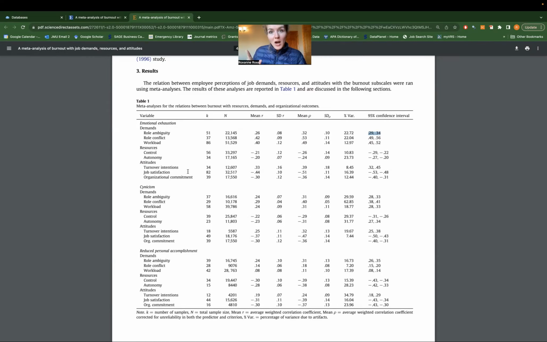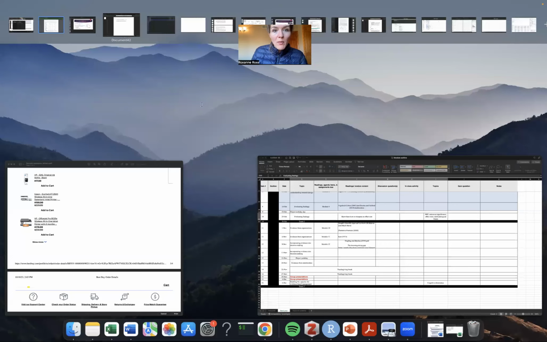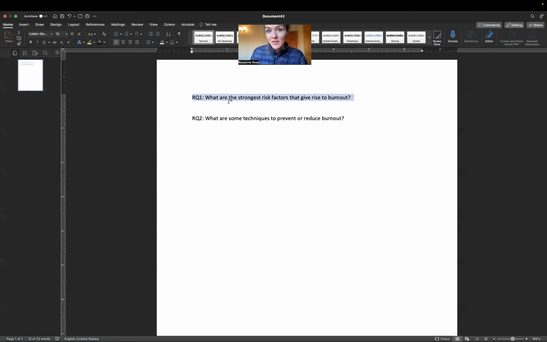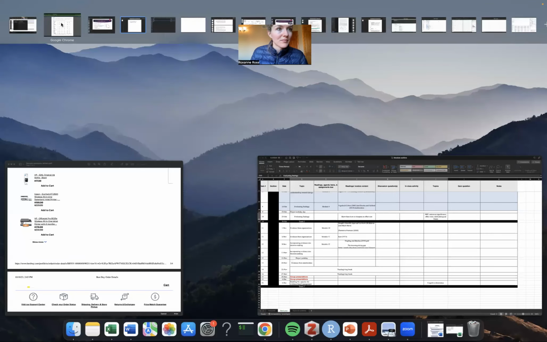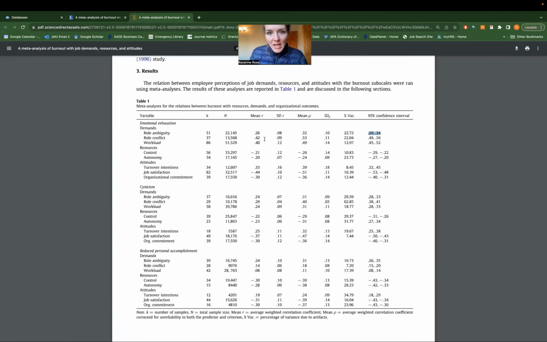But for our research question, as you'll remember, we want to know what the strongest risk factors are that give rise to burnout. What we can then do is look at, for each of the 3 subcomponents of burnout: emotional exhaustion, cynicism, and reduced personal accomplishment, what are the largest correlations for these 3 subcomponents?